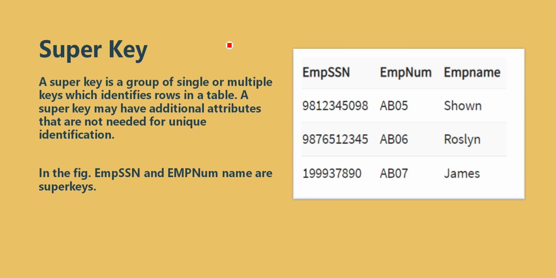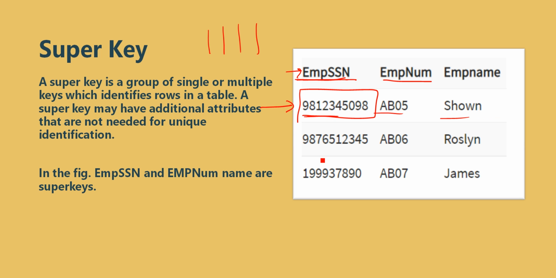A super key is basically a column or a group of columns. We can take employee SSN only, or we can take employee number. So let's only take this employee SSN number. Based on this employee SSN number, I can uniquely identify these rows, right?